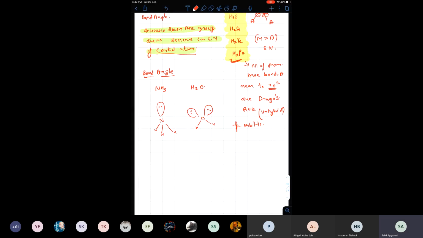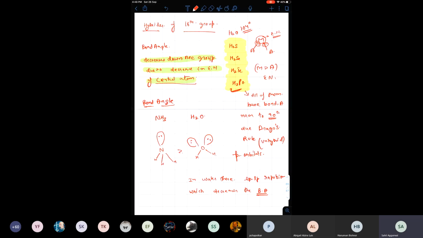Why is it so? In water, there is lone pair repulsion, which decreases the bond angle. Okay, very good. Understood? Bond angle.